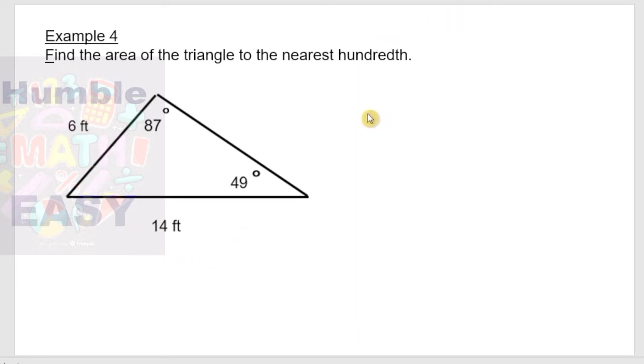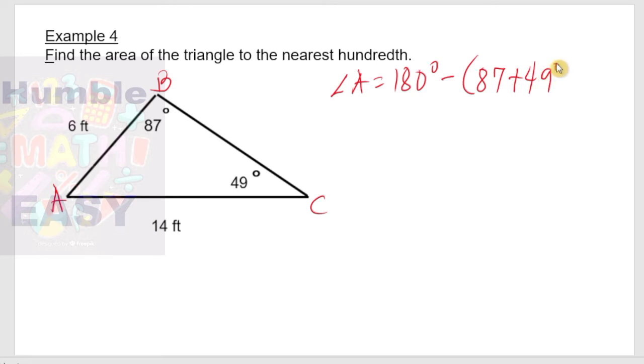Okay, for us to be able to work this out, take note that if we have angle A, this is how we consider this triangle ABC. Take note that the sum of the angles inside the triangle is equivalent to 180 degrees. So to get the angle A, we subtract from 180 degrees the sum of 87, one of the angles that we have, and 49 degrees.